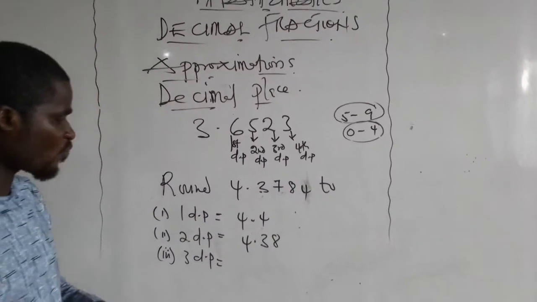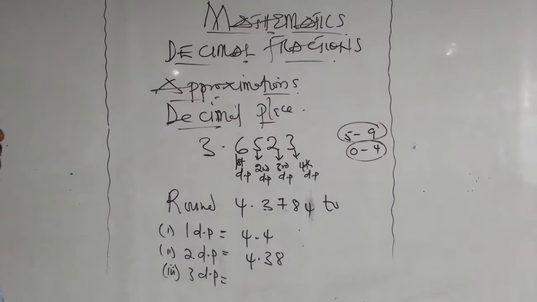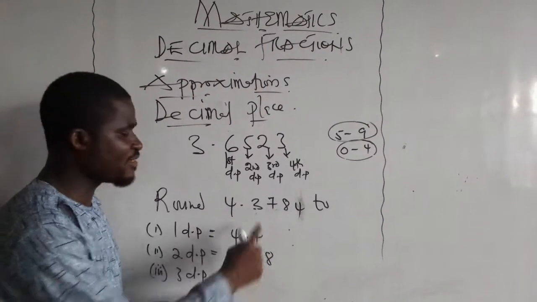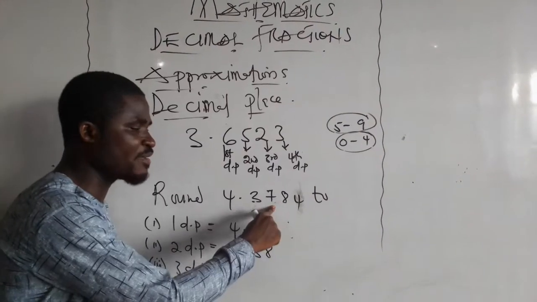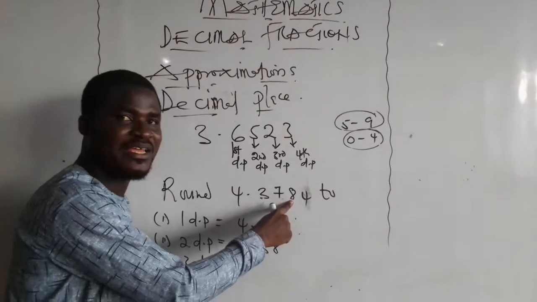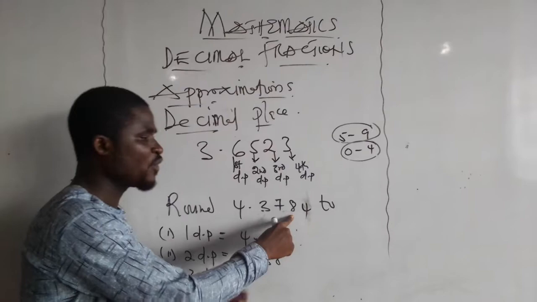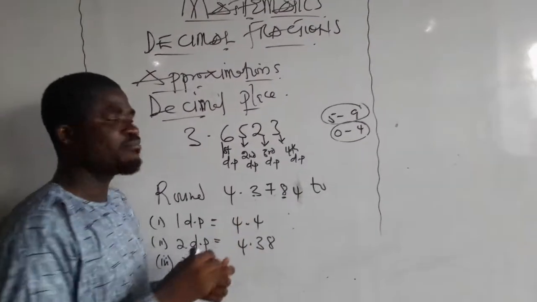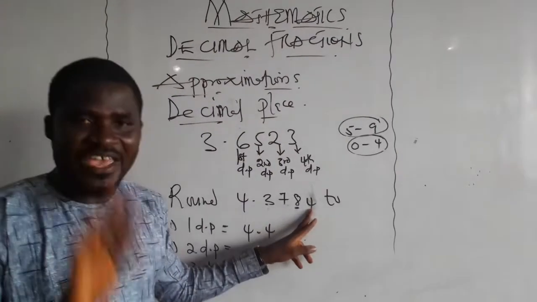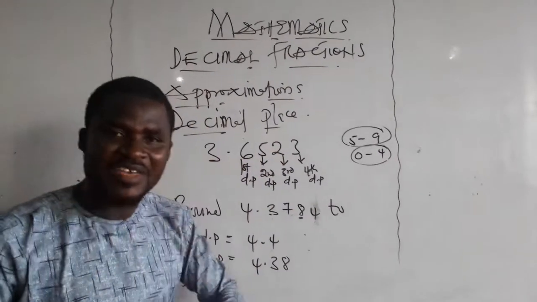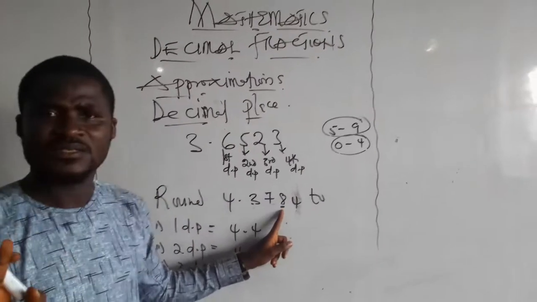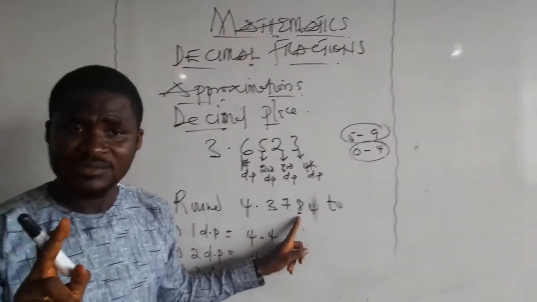Now, let's go to the third decimal place. This is my first decimal place, second decimal place, third decimal place. Look at the next number. The next number is less than 5. Because it is less than 5, I will not add anything to the 8. Take note.